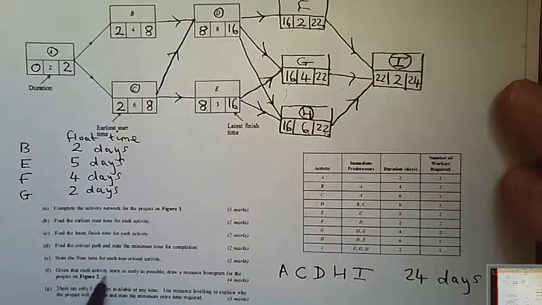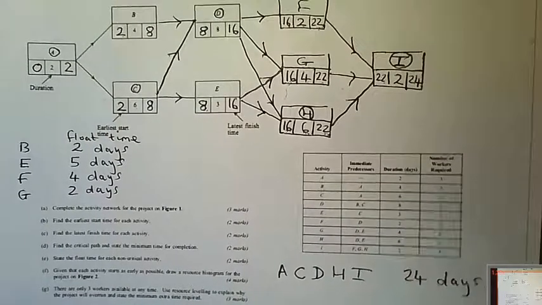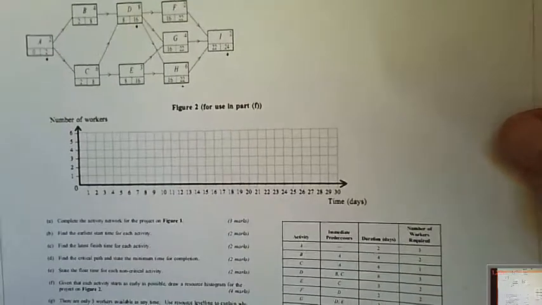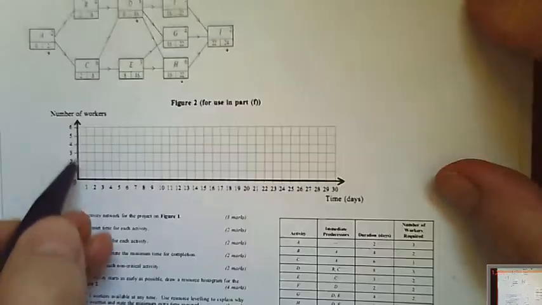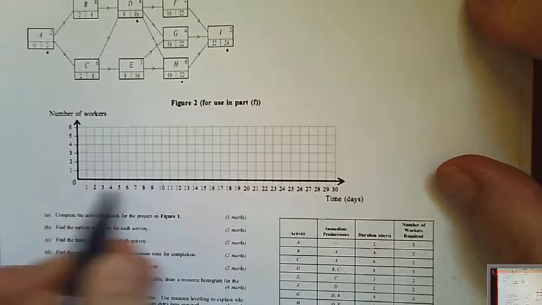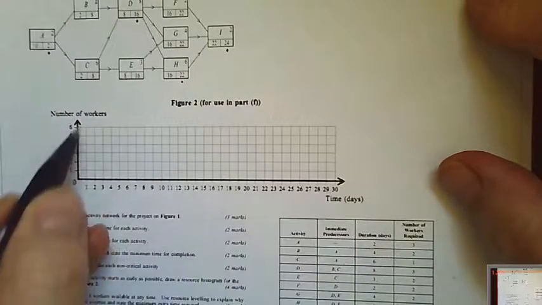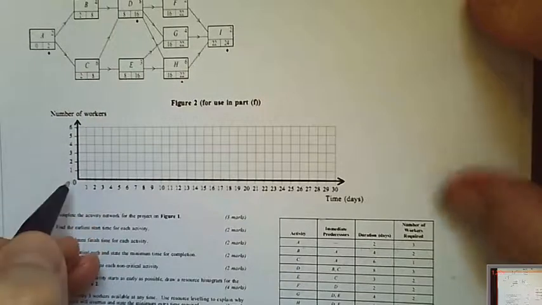It says, given that each activity starts as early as possible, draw a resource histogram for the project on figure 2. So if we move to figure 2, on figure 2 we have the time in days on the horizontal axis and the number of workers on the vertical axis.